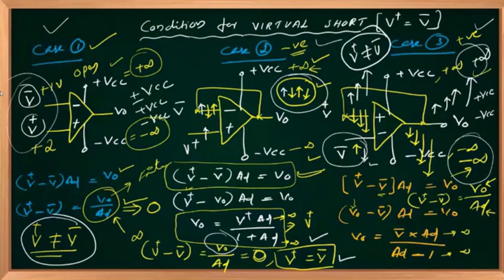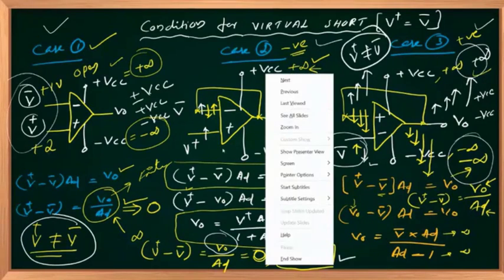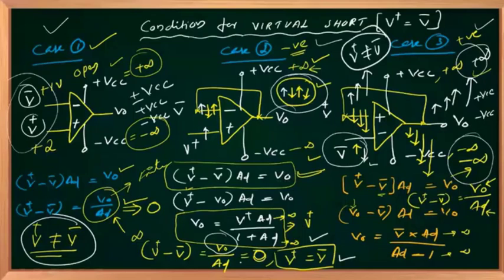Whereas in case number 2, the output is always finite, so this ratio will give you 0. The V plus equal to V minus condition is satisfied in case number 2. So case number 2 circuits involve negative feedback. In that condition, you should apply 2 conditions. What are the 2 conditions?